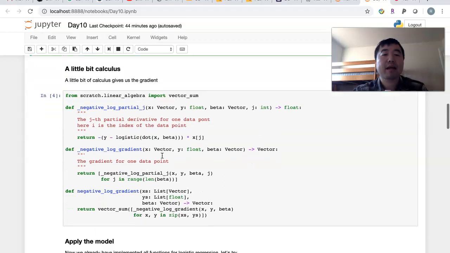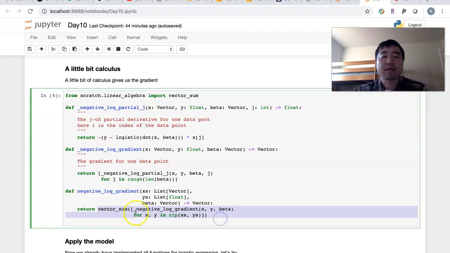We need a little bit of calculus for the gradient descent algorithm, so we need to calculate the partial derivative. The log likelihood gradient we get here is a vector sum of each of the negative log gradients.